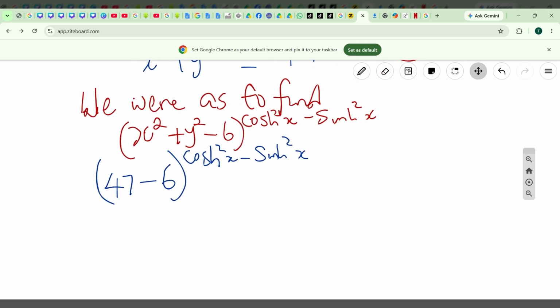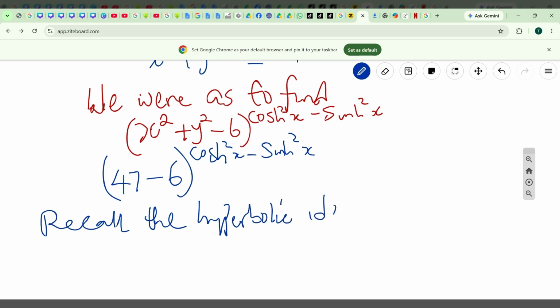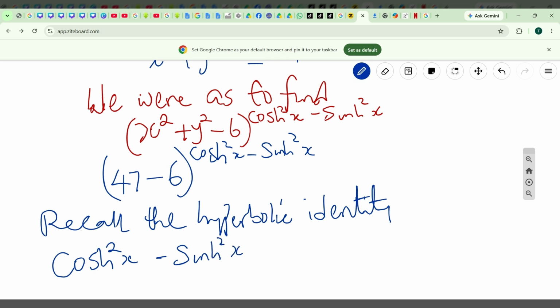But what is cos square x minus sine square x? If you recall the identity when dealing with trigonometry, whether you call it the hyperbolic identity or the natural identity, cos square x minus sine square x is equal to 1.